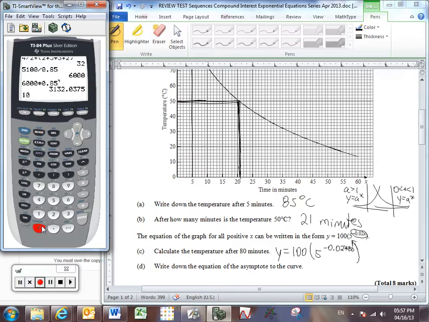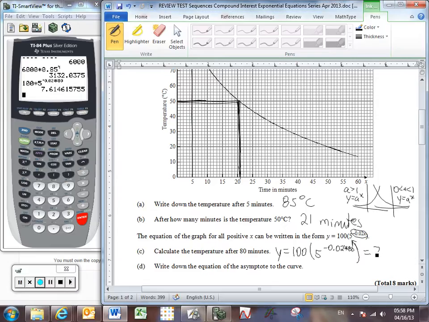And we get 7.61 if we round to 3 significant figures. You can leave it with extra significant figures if you like, but no matter how many significant figures, you should include the units, degrees Celsius.